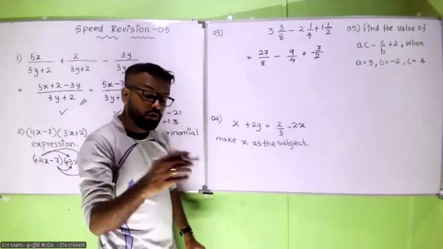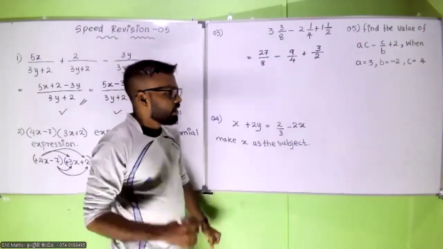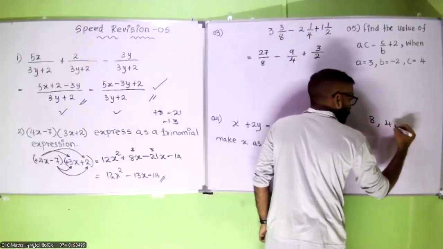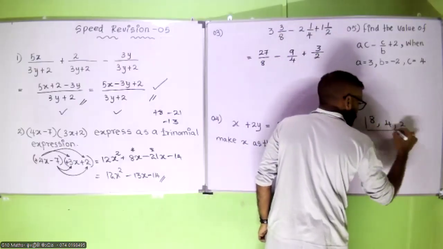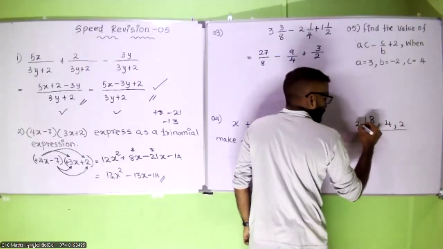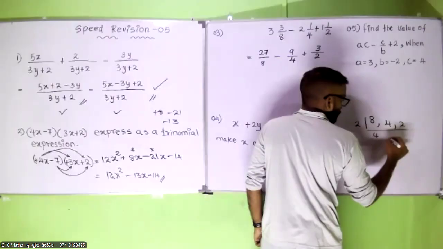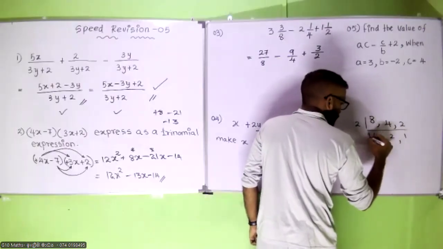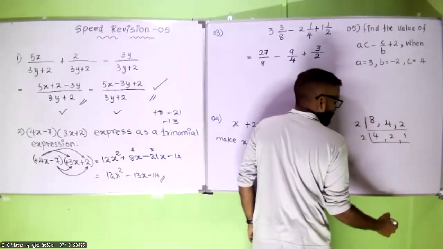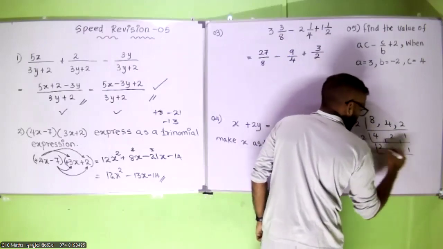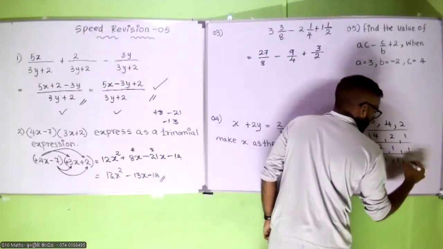Normally you are going to find the LCM, and I will let you know how to find the LCM if you forget. 8, 4, 2. By using prime factors, you have to divide until you get 1, 1, 1 at the end. 2 times 4, 2 times 2, 1. Again you can divide this by 2. 2 times 2, 2 times 1. Then again 2. 1, 1, 1.